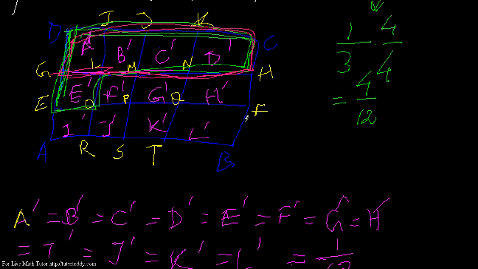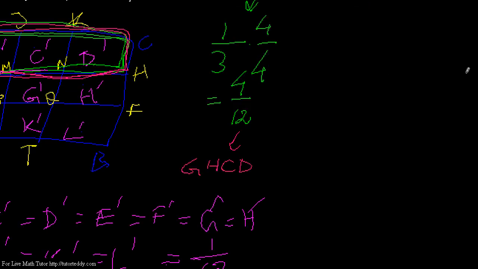So the area which will show 4 by 12 is GHCD, right?